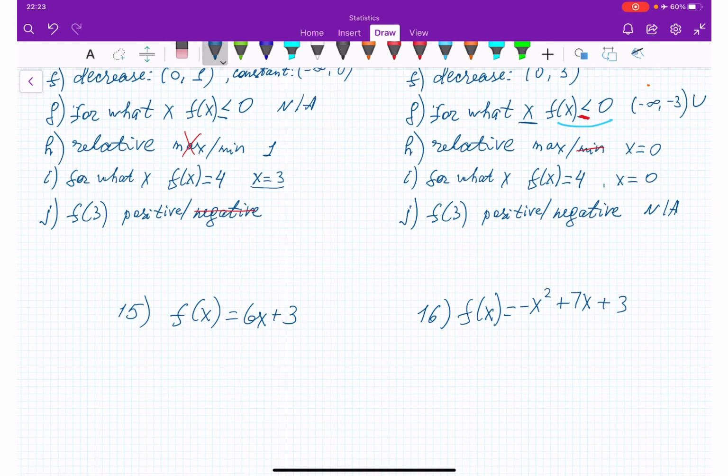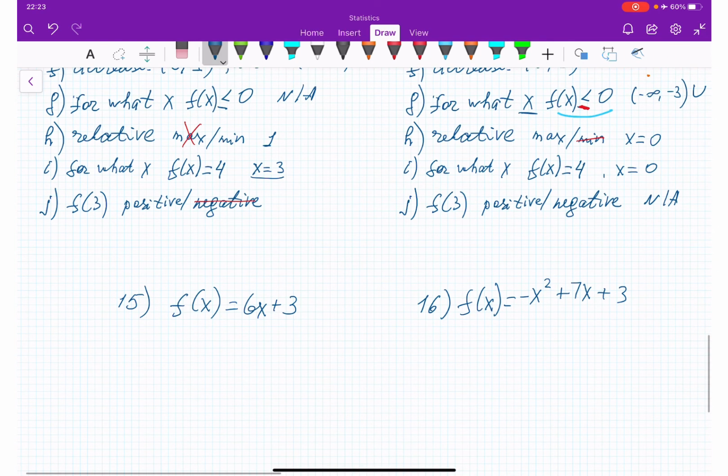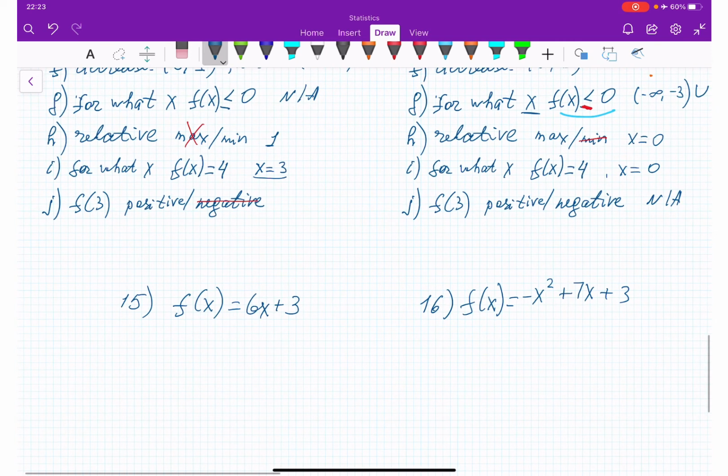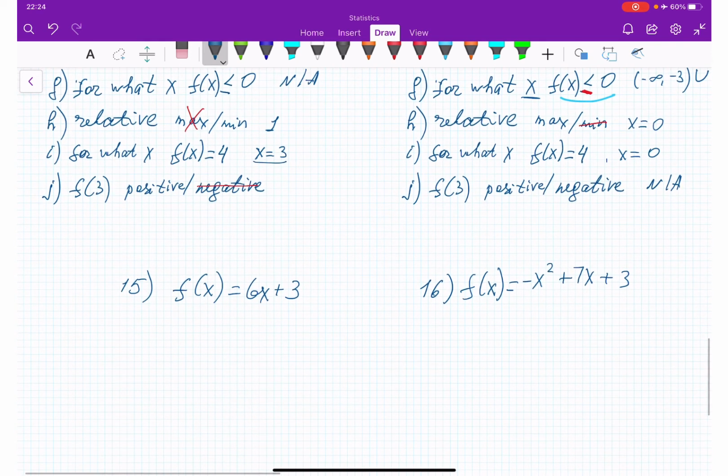Okay, here it says find the difference quotient of f, which means difference quotient. The difference quotient is, let me write down, f of x plus h minus f of x over h.